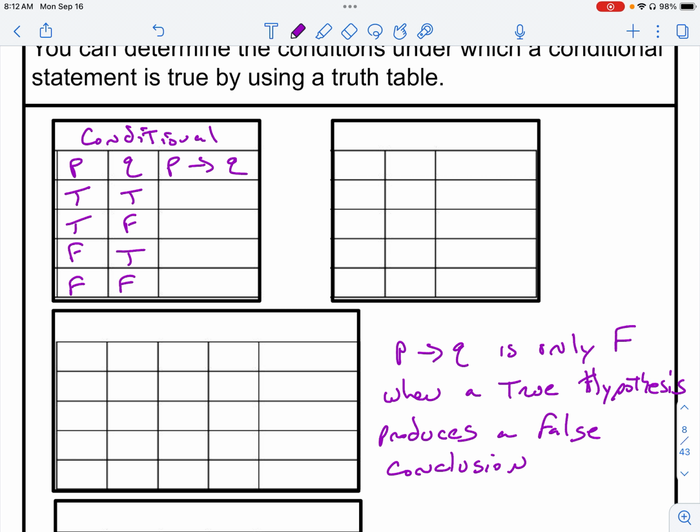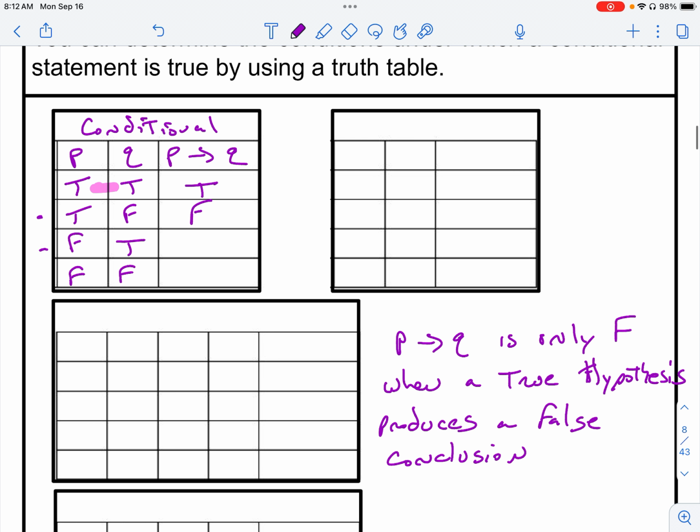So true and true is going to be true. Second box, true to false. Well, a true hypothesis produces a false conclusion, so then our statement's false. False to true, we get a true statement, and false to false, a true statement, because we're only looking at the statement. We're being very narrow in what we're looking at.